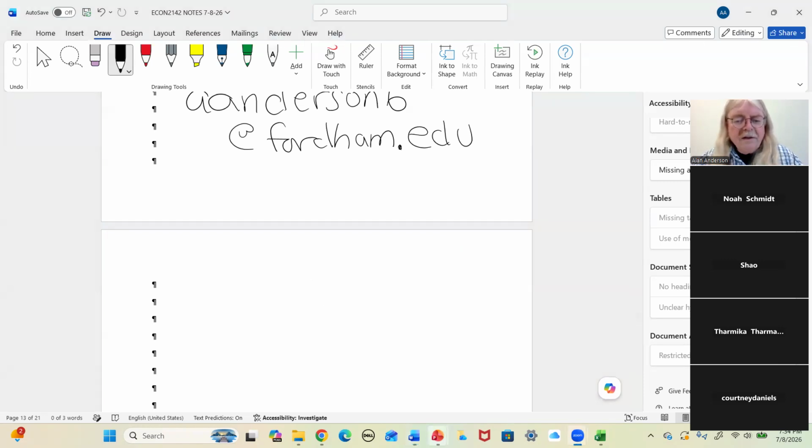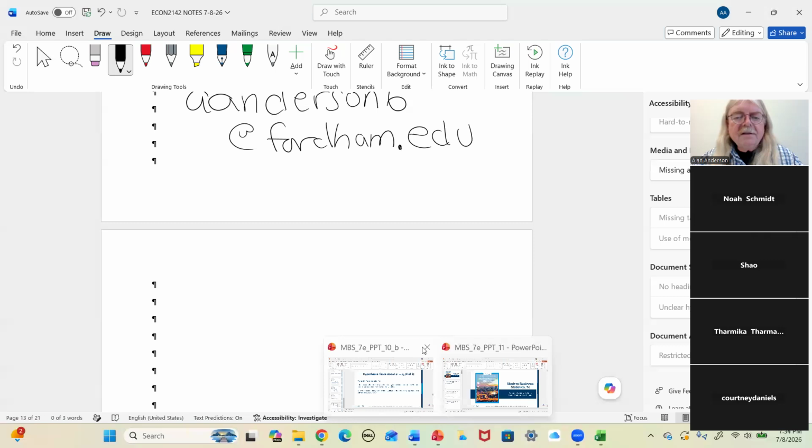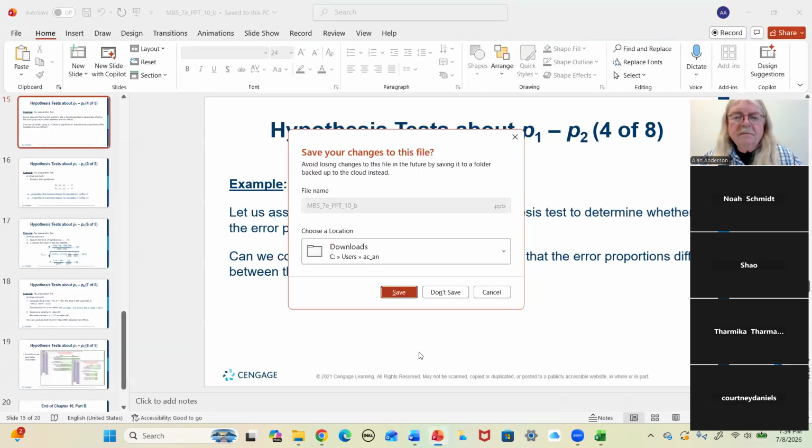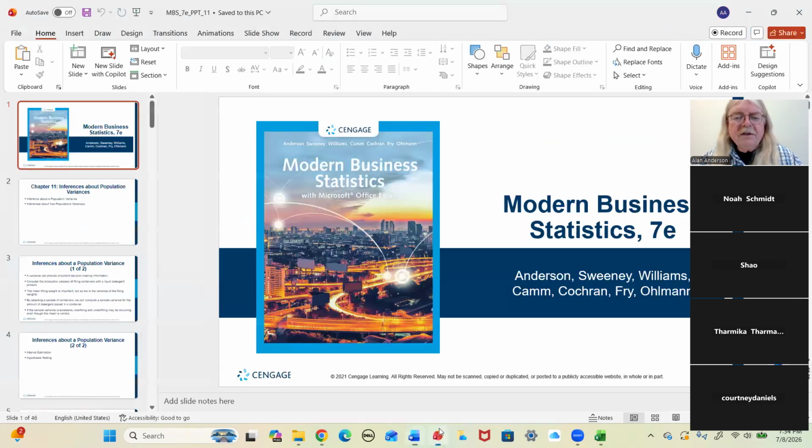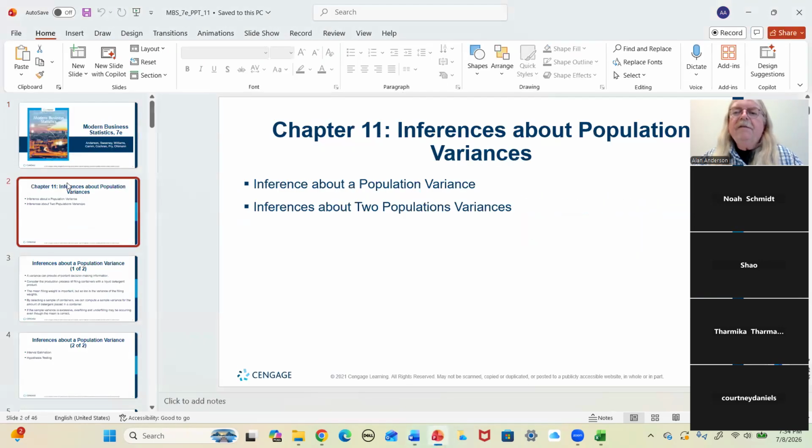So what's different in this chapter is instead of testing hypotheses about the mean or two means or proportions, instead we're focusing now our attention on variances. So we're going to first test hypotheses about a single population variance, and then we're going to do the same thing for two variances.